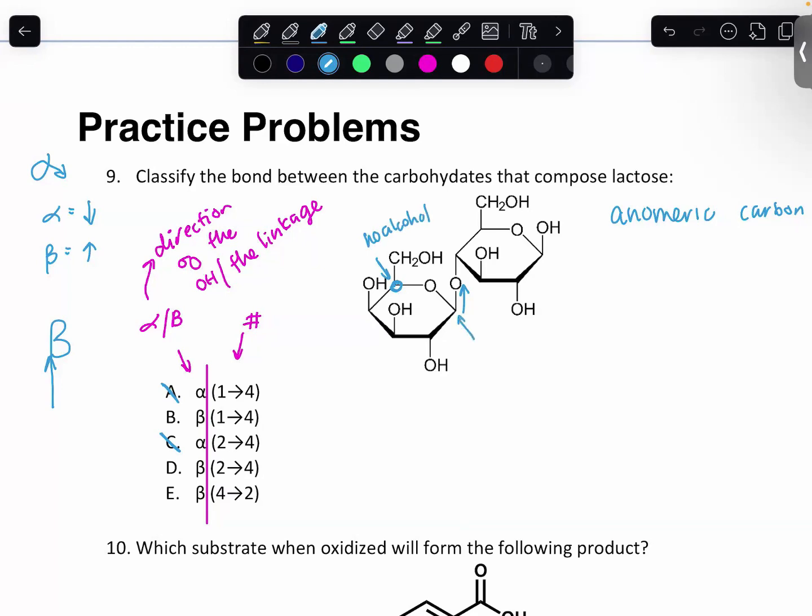This carbon used to have an alcohol, now it's in a linkage. So that's going to be our bond. Where do we start counting on the second monomer? The same spot. 1, 2, 3, 4, 5, 6. Where are we linked? 1 and 4. So the correct answer here is the beta 1,4 linkage.